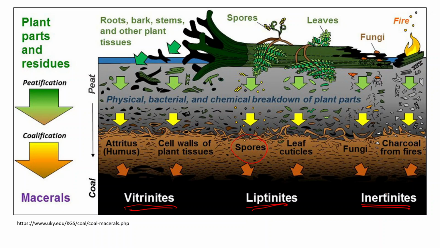And this is the reason that the vitrinites are rich in oxygen. Liptinites, because they are formed from the spores and leaf cuticles, are rich in hydrogen, while inertinites are burnt wood, so they are rich in carbon.